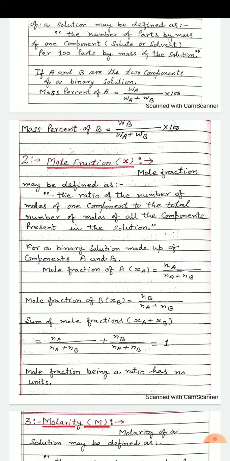Mole fraction of B (XB) is equal to Nb divided by Na plus Nb. Sum of mole fractions (XA plus XB) is equal to Na divided by Na plus Nb plus Nb divided by Na plus Nb, which is equal to 1. Mole fraction being a ratio has no units.